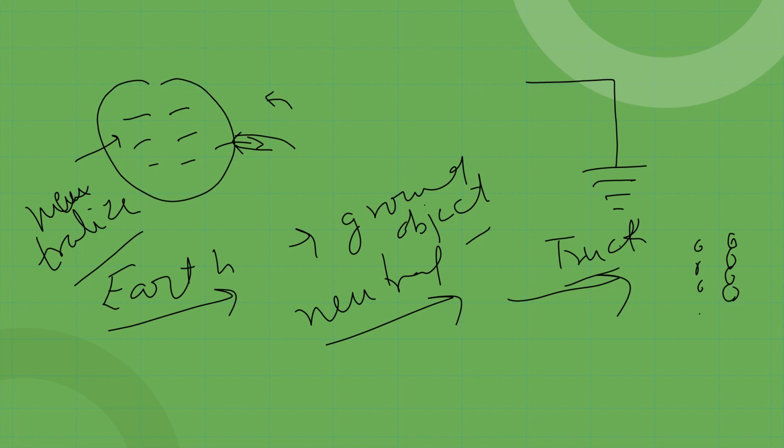A truck gets static charge because of the friction between its tires and the surface, and air and dust, and a chain is attached so that it can conduct the excess charge to the ground. Okay, so that it can be prevented from any spark or fire.